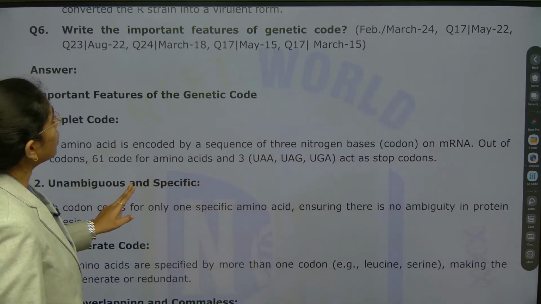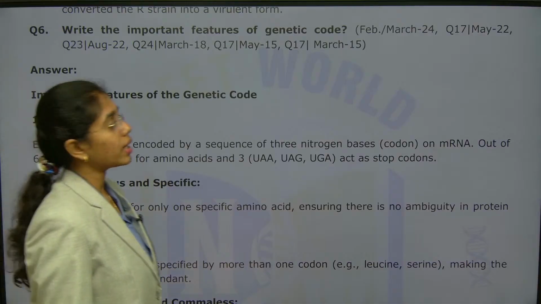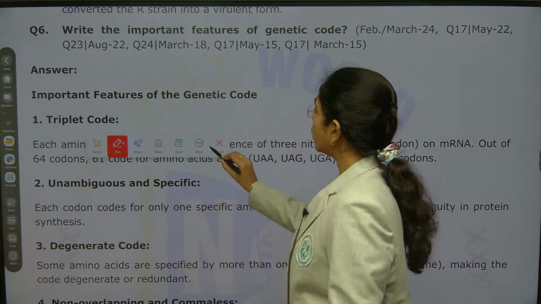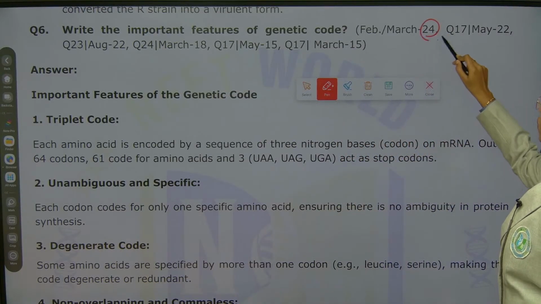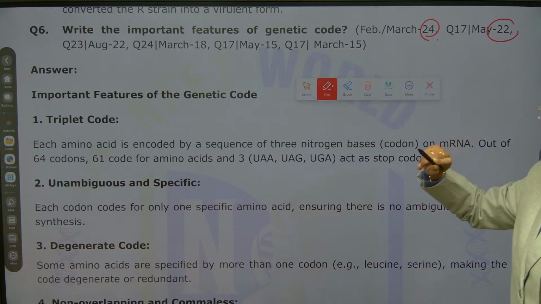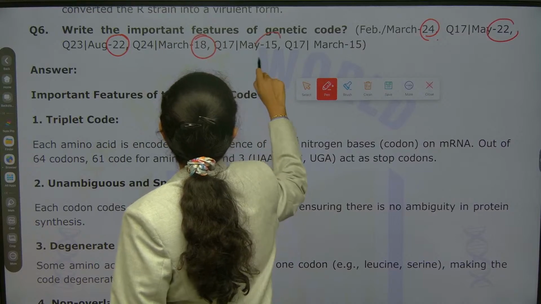And here we go with: write the important features of the genetic code. What are the important features of the genetic code? This has been asked in Feb, March 2024 and May 2022, August 2022, March 2018 and 2015.